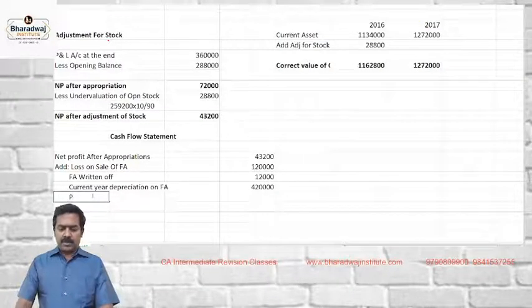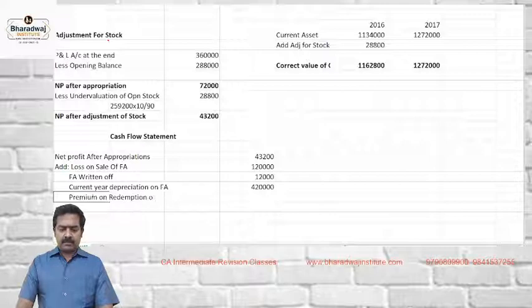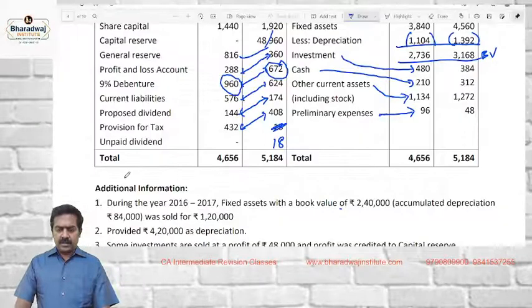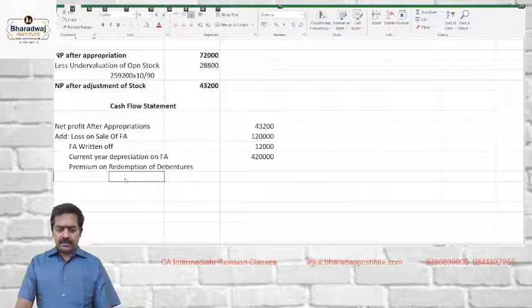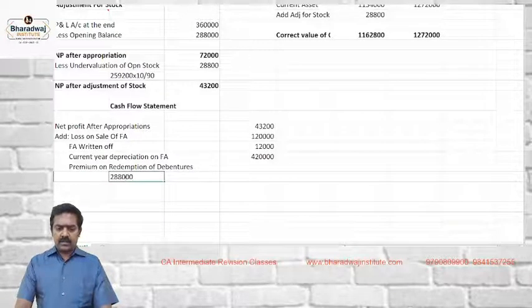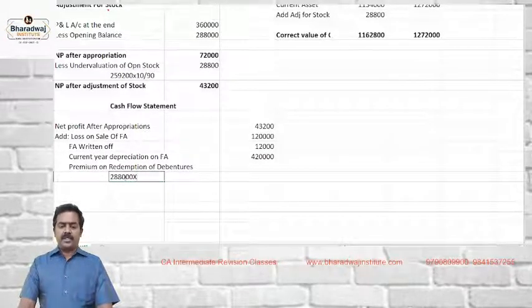So that premium on redemption. What is the total debentures redeemed difference? 960 minus 672. 2 lakh. This is redeemed at 105 means 5% premium.